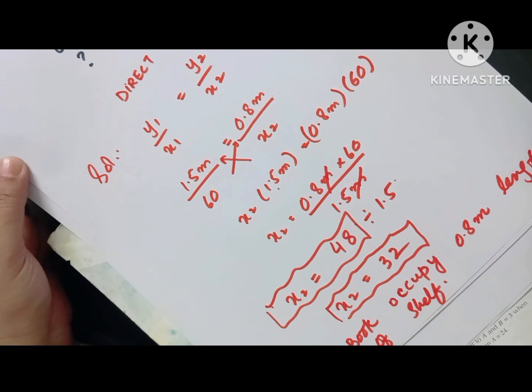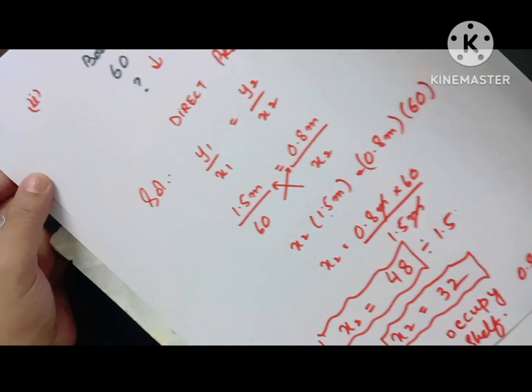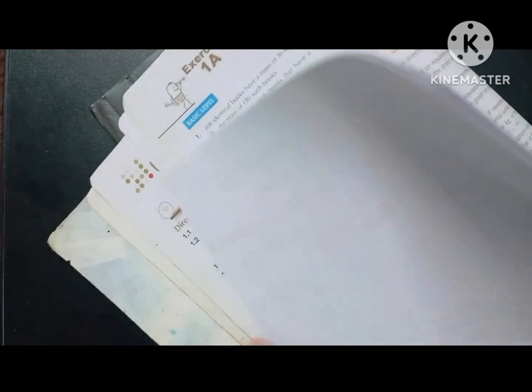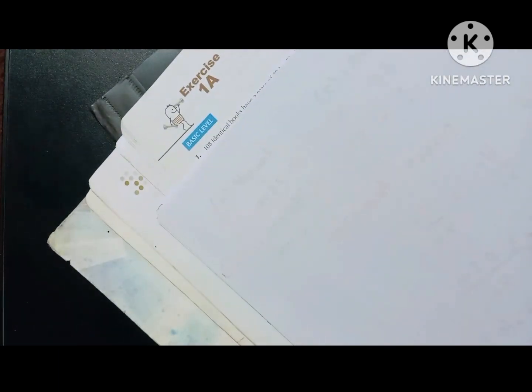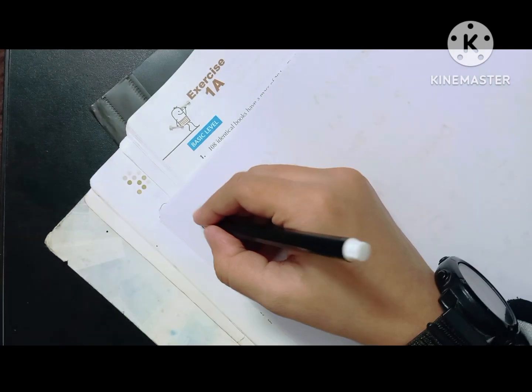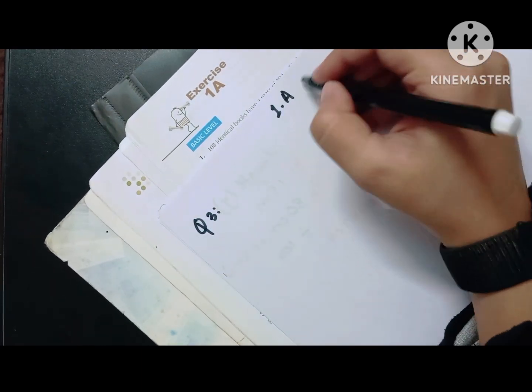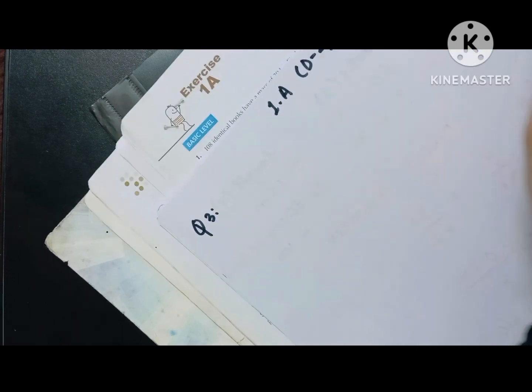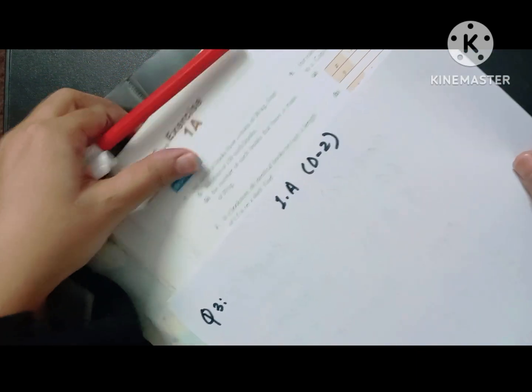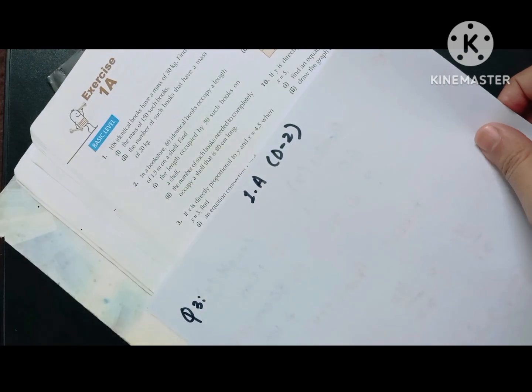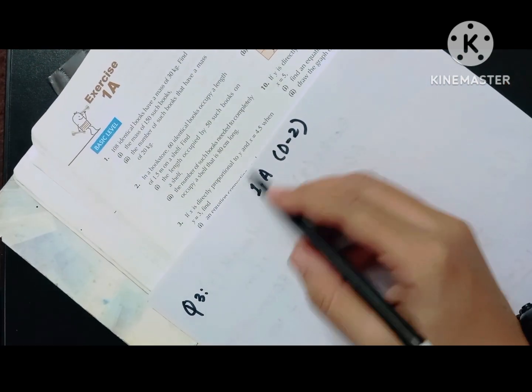Now we are moving toward the next question, and the next question is question number 3 of the similar exercise 1A d2. And the question is saying if x is directly proportional to y.